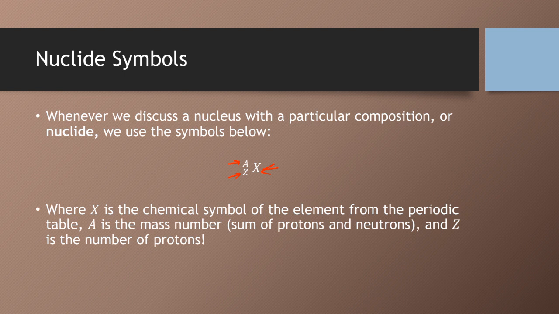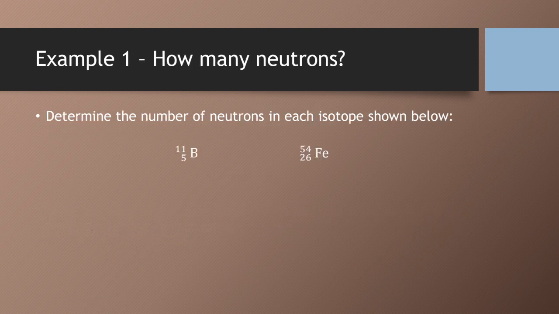So let's just look at an example. We want to determine the number of neutrons in each of these isotopes. Here we have boron. Okay, boron has 5 protons and a mass number of 11. And so if the mass number is 11 and the protons are 5, to find the number of neutrons, you would just subtract. And we would have 6 neutrons in this case.